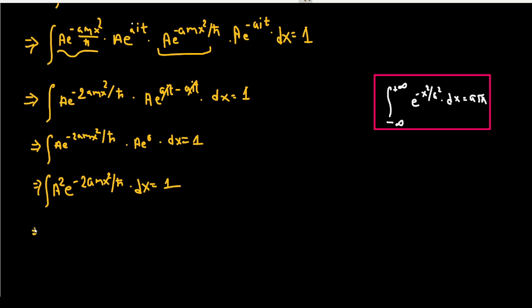A squared is a constant, so take it out from the integration sign, and then the integration of e to the power negative x squared divided by a squared. So let's see how I have written it in this form, as e to the power negative x squared.